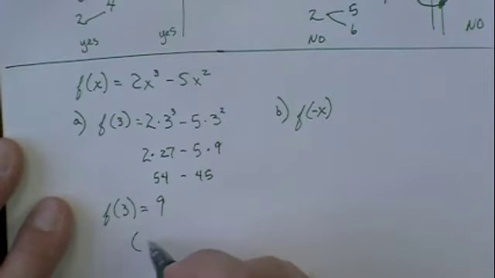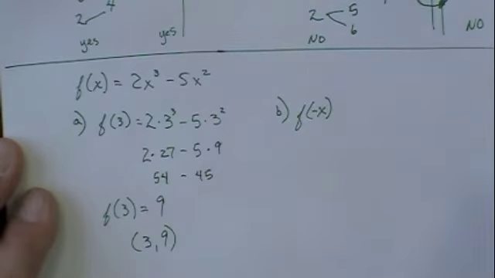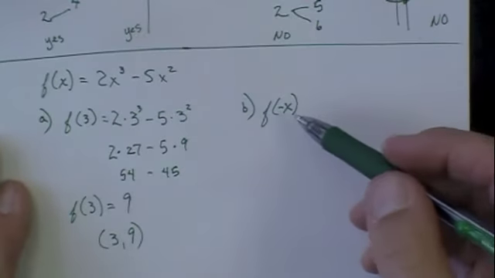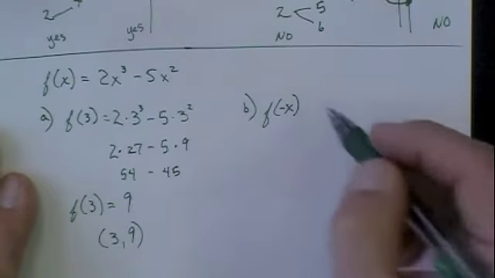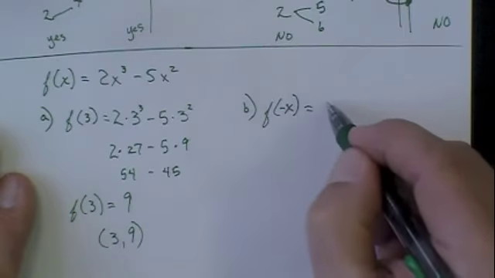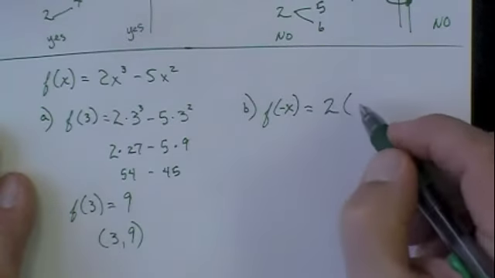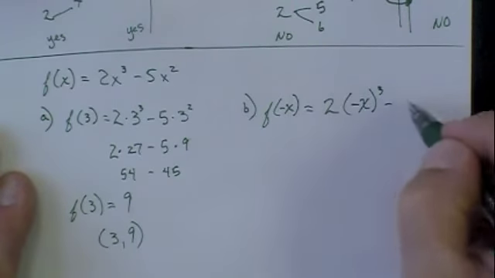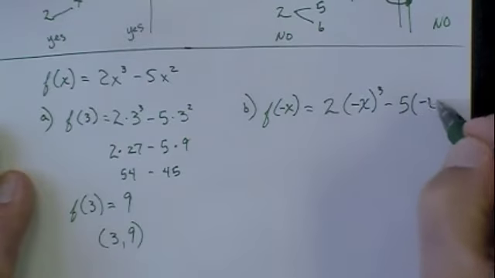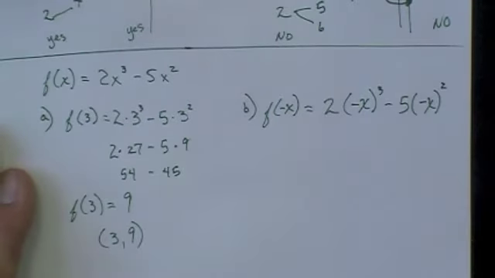Remember, that's just like having an ordered pair. 3 is our x value, 9 is our y value. Now if we're given something here where we need to simplify, and we're going to find f of the opposite of x, same idea. We're going to go to our function. Now we have the opposite of x plugged in here. That's cubed. And here we have the opposite of x, and that's squared.